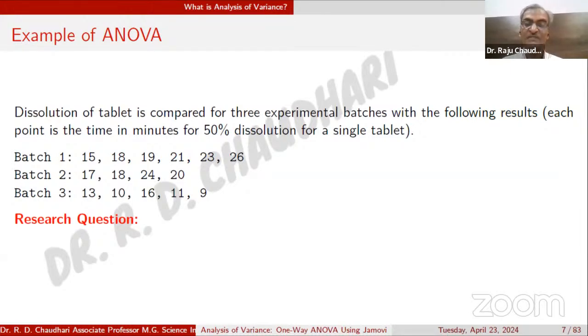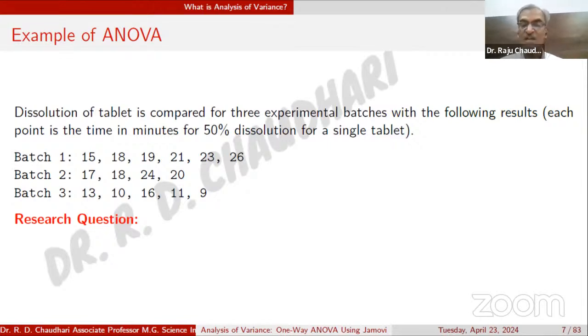Obviously, there is a variation in dissolution time because we have selected the data from different batches. Because of the batch, there is a variation, and that is known as assignable causes. That is the variation due to assignable causes, right?